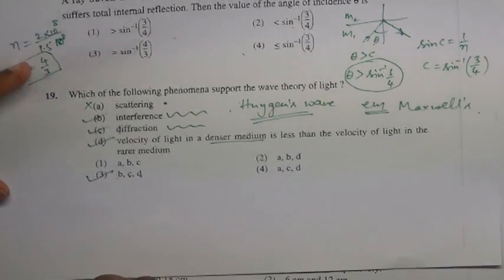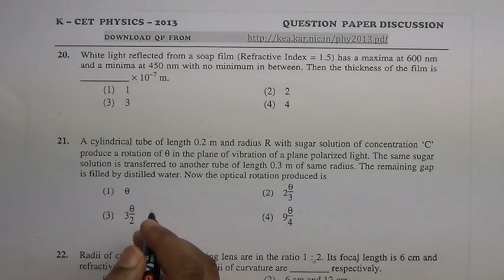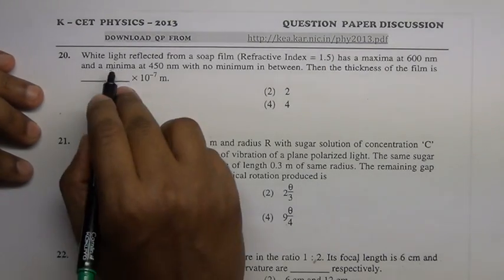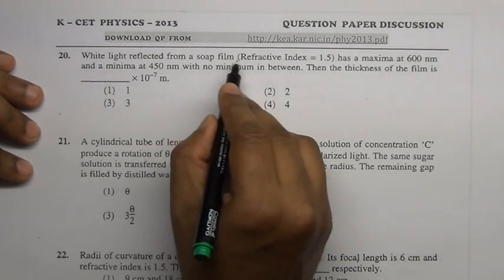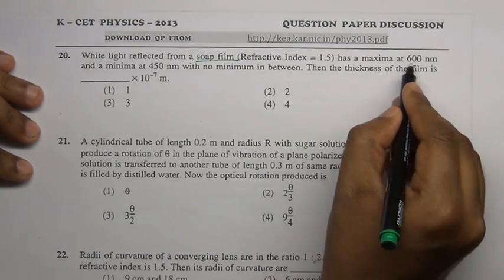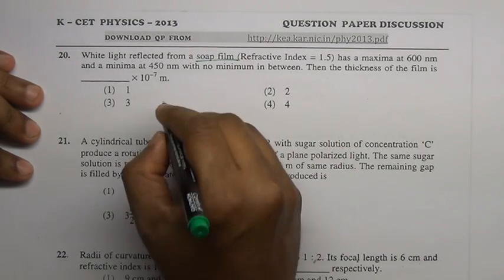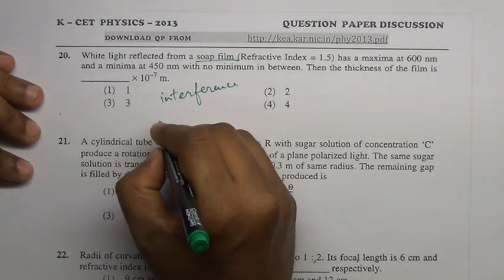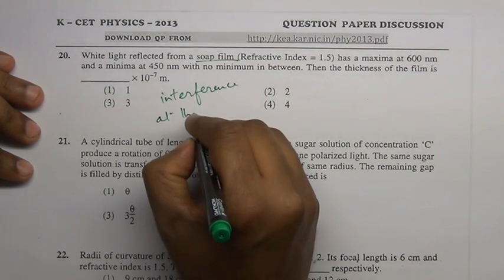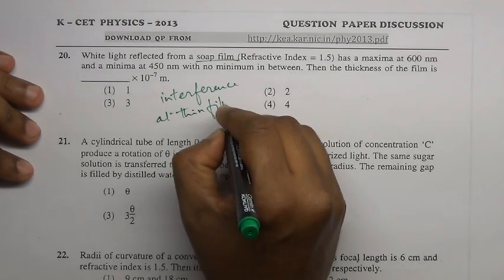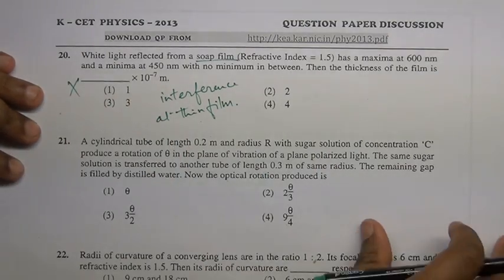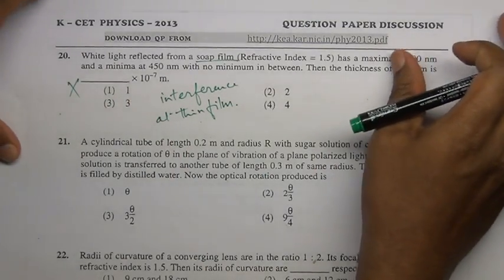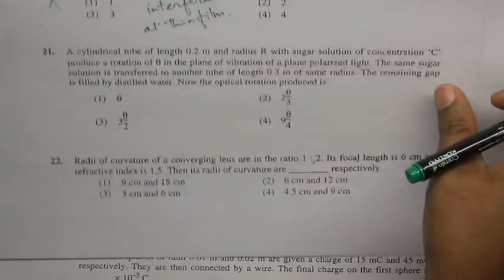White light reflected from the soap film has a maxima. So this is related to interference at thin film. This is not there in your syllabus. 21st.